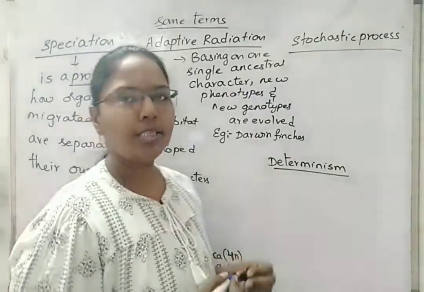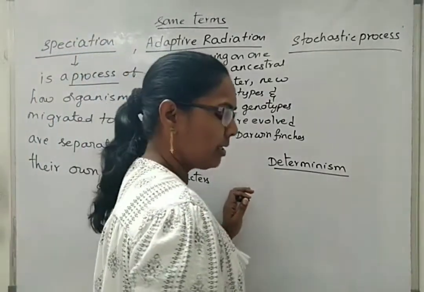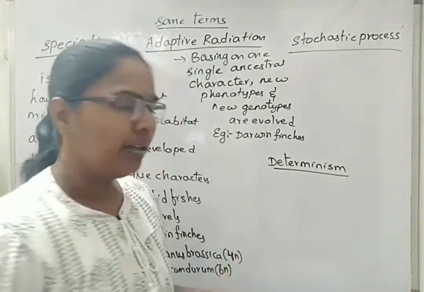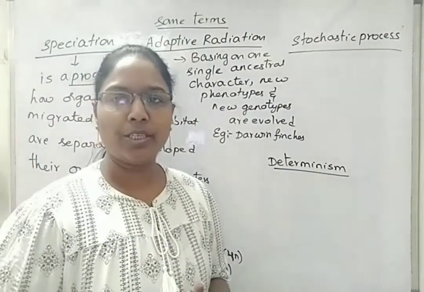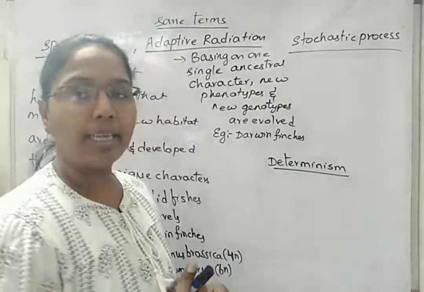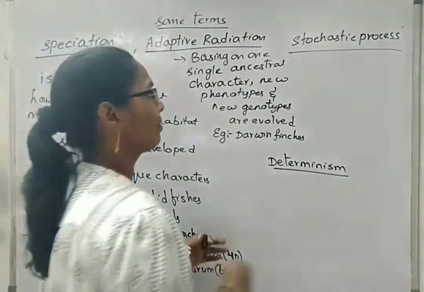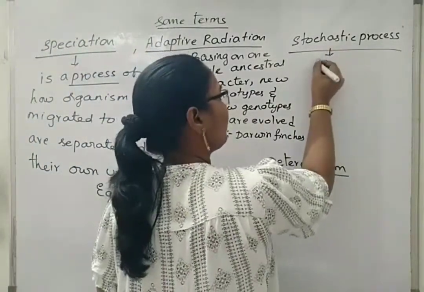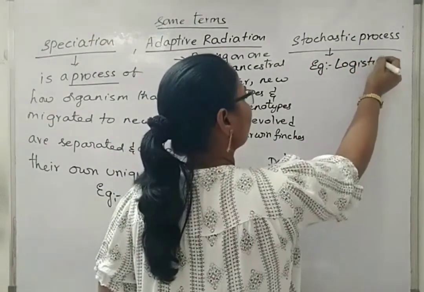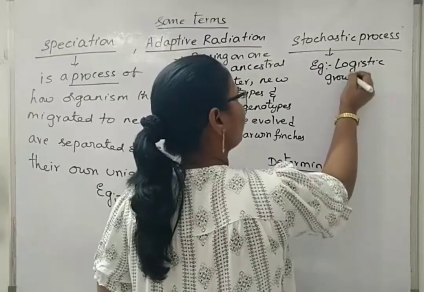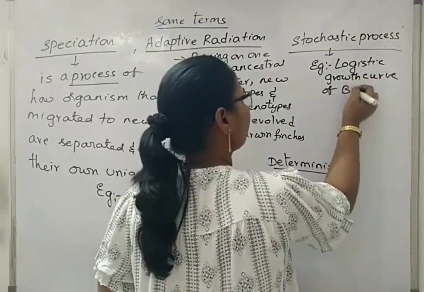Then another term, that is stochastic process. Stochastic process is a type of evolution in which frequencies of genotypes and phenotypes are calculated basing on mathematical calculations. Here we can take the best example like the logistic growth curve of bacteria.